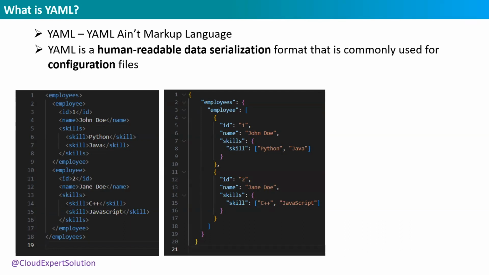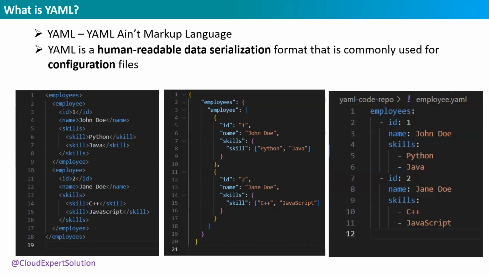So you can see the difference between XML and JSON, and I believe you are very familiar with these syntaxes. Now let's see how that format will look in a YAML file. First of all, there is no special character like an XML or JSON file has. And you can see here in the YAML file, it's only new lines and indentations.